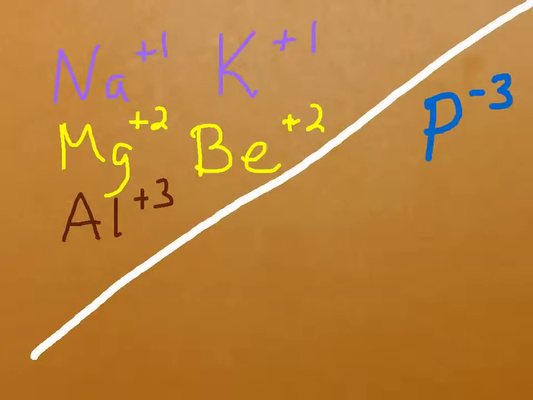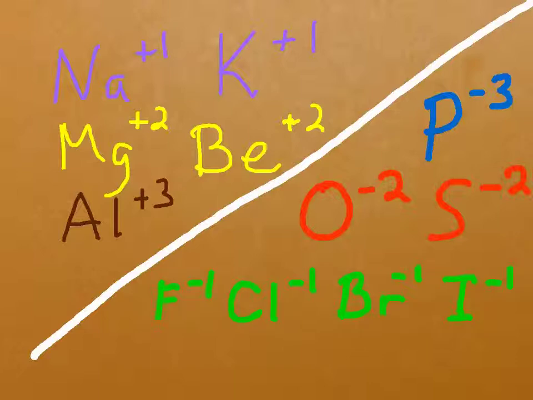On the other side of the periodic table, an anion, such as phosphorus -3, would come from group 15 on the periodic table. Oxygen, -2, and sulfur, -2, are popular anions from group 16.